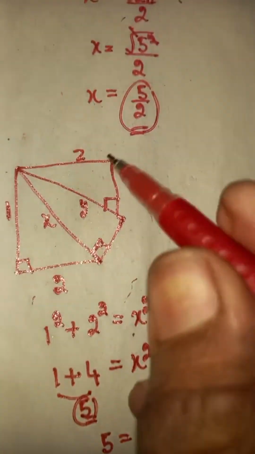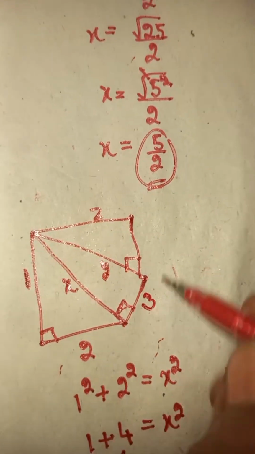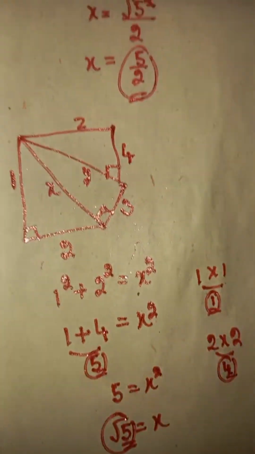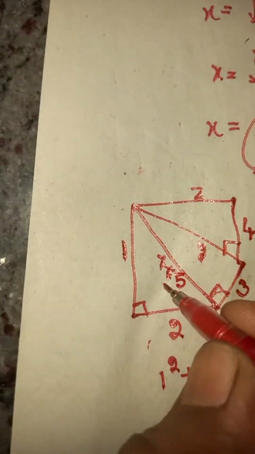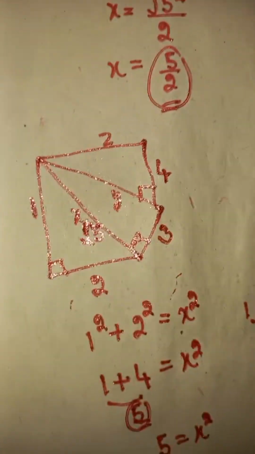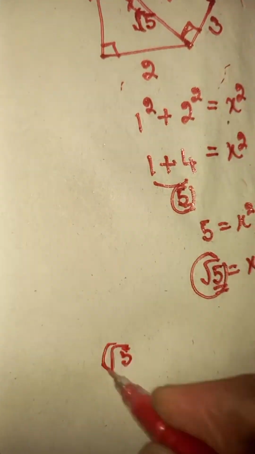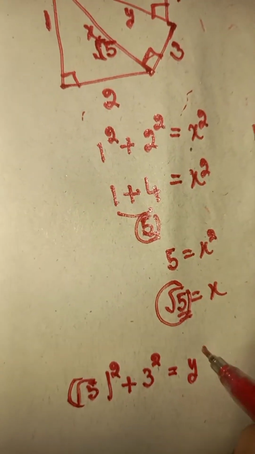Let's take the next problem. Here they have given this side length as 3 units, and this is 4 units. Now this x is equal to root 5. Here it is root 5, and here it is 3. Let's find y. That is root 5 whole square plus 3 square equals y square.